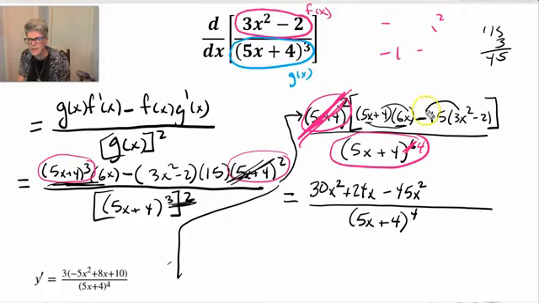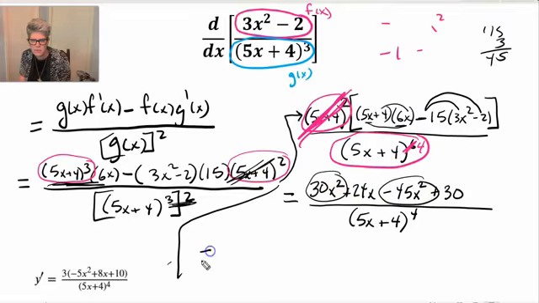Okay. And then negative 15 times negative 2 is positive 30. Now, I do have some combining of terms. So 30x squared minus 45x squared is negative 15x squared. Then plus 24x plus 30.